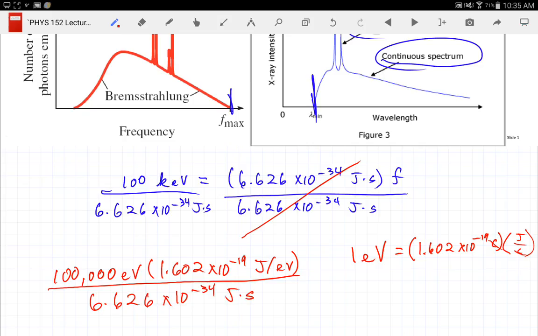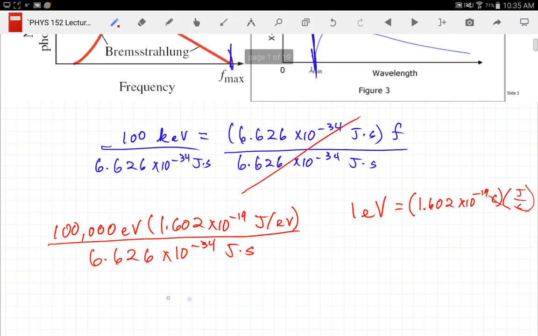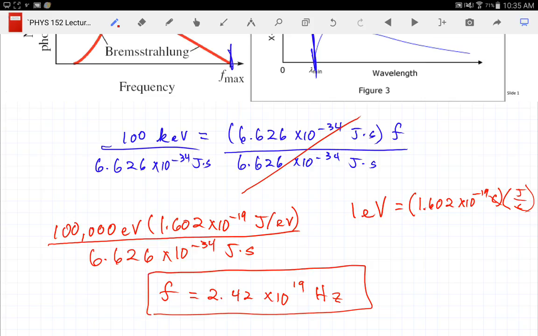and what do I find for my frequency? 2.42 times 10 to the 19 hertz. That is a huge frequency. Does anybody remember the range for visible light? Like 400 to 700?